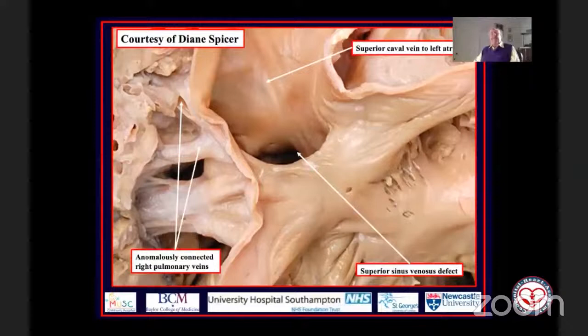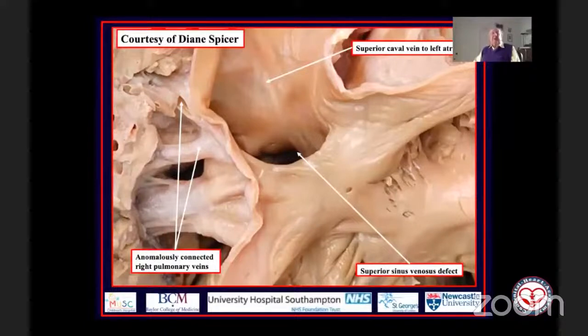I now know that there is another way in which the right superior caval vein can get into the morphologically left atrium. And Diane is now going to show you the heart in which the right superior caval vein is connecting into the morphologically left atrium, not by virtue of a sinus venosus defect, but by virtue of the position of the atrial septum.